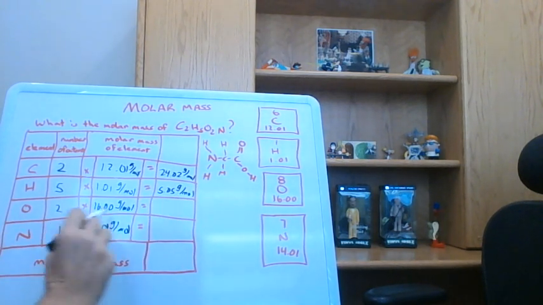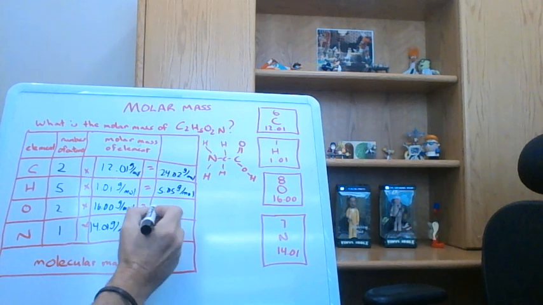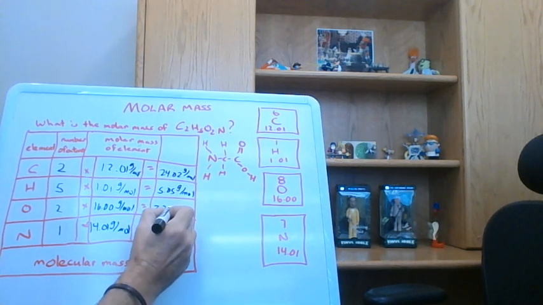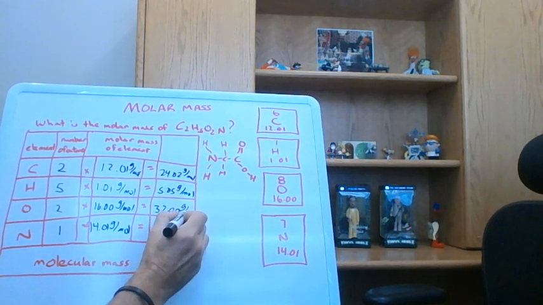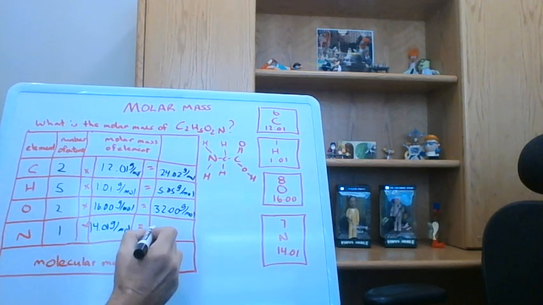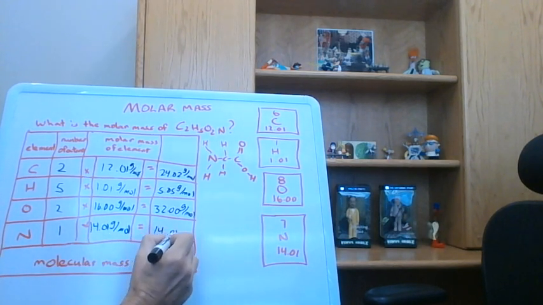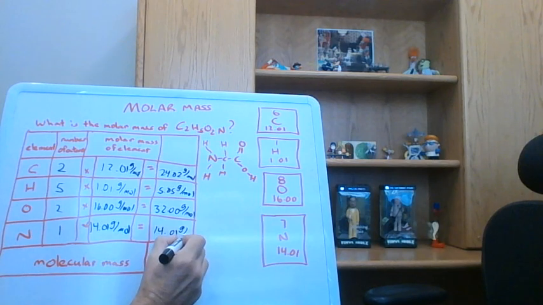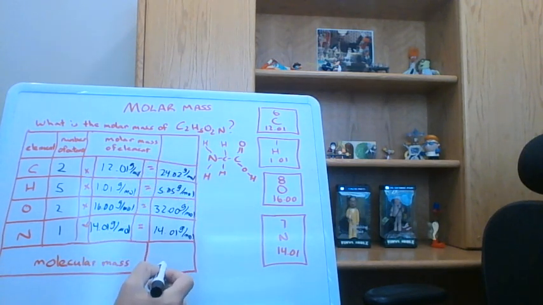We have 2 oxygen, so 2 times the weight of 1 is 16, so that gives us 32.00 grams per mole. And we only have 1 nitrogen, so we have 14.01 grams per mole.